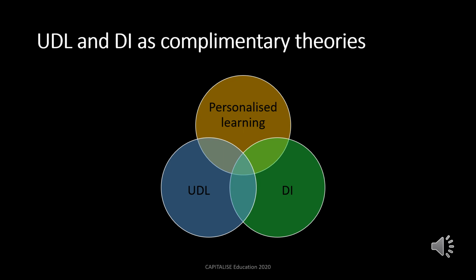So this is where the differentiated instruction approach comes in, where teachers will then make adjustments to what they are doing for all students to help all students access learning on the same basis. For this reason, I believe that both are two complementary theories.